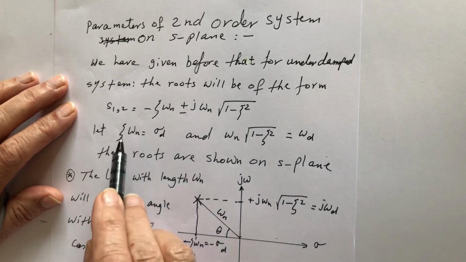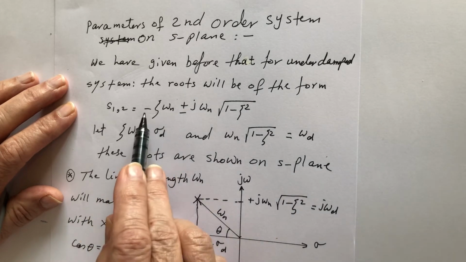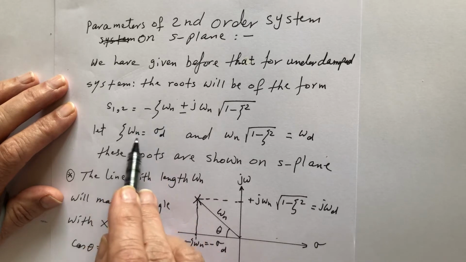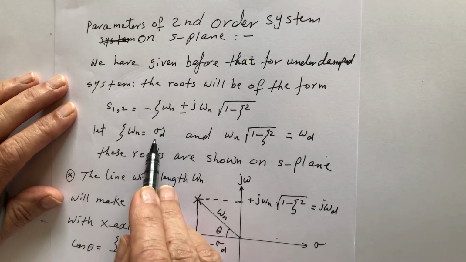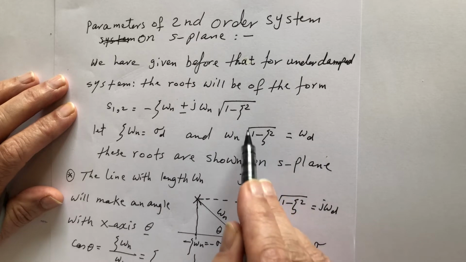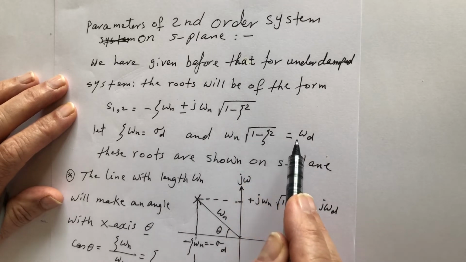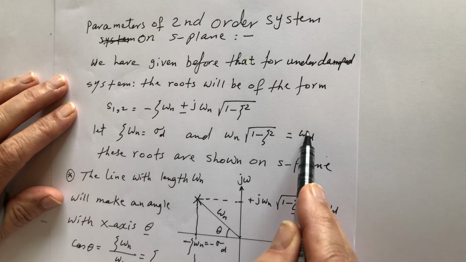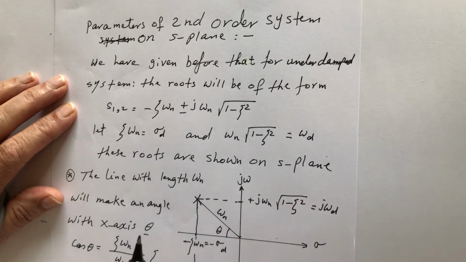We call zeta omega n, without the sign, sigma d. And omega n times the square root of 1 minus zeta square is omega d. I told you omega d is the damped frequency. Okay?